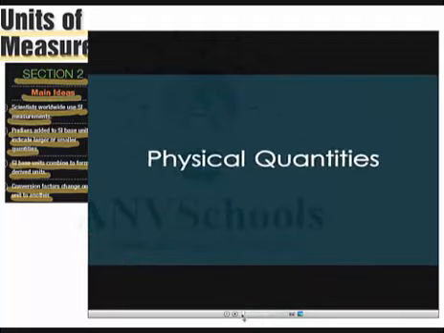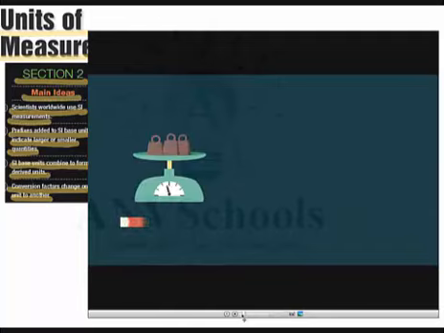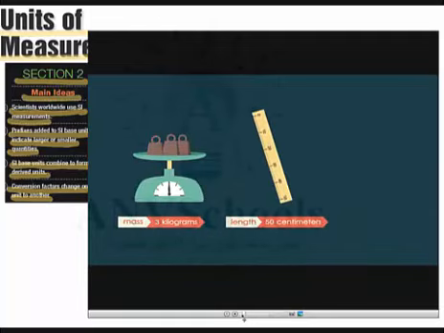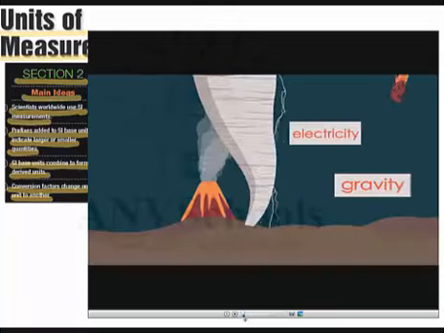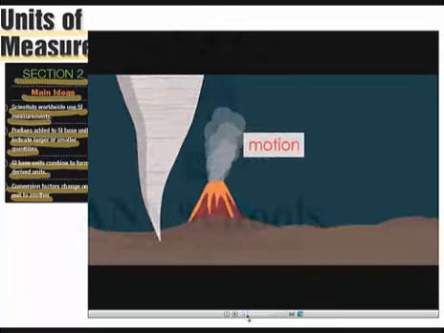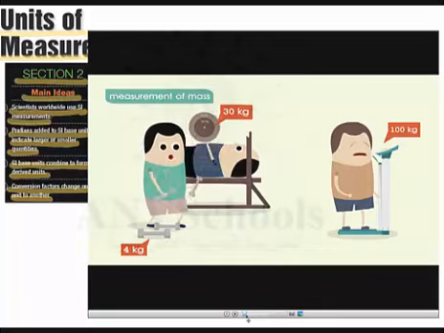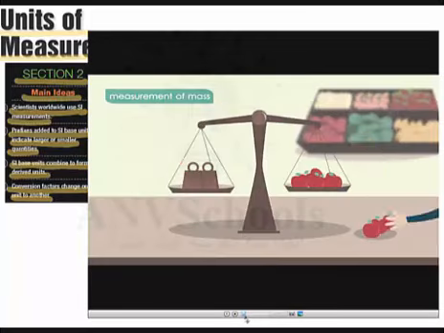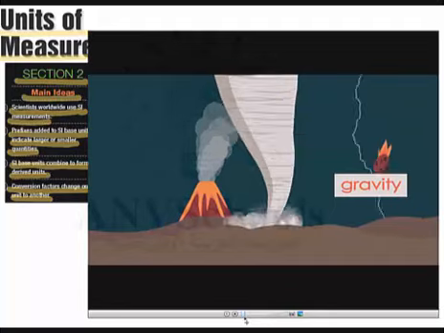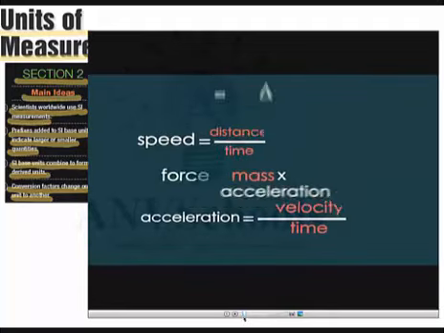So in science, we have what we call physical quantities, and we use them to measure. These are the tools that scientists use when measuring substances.